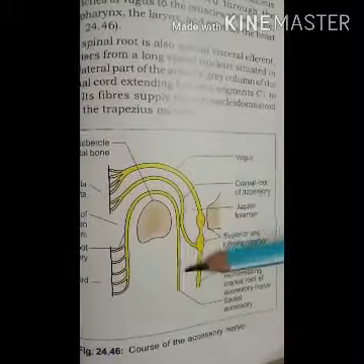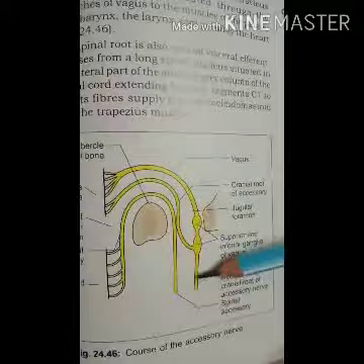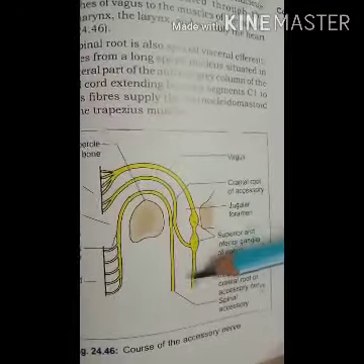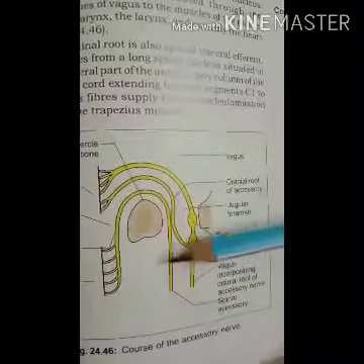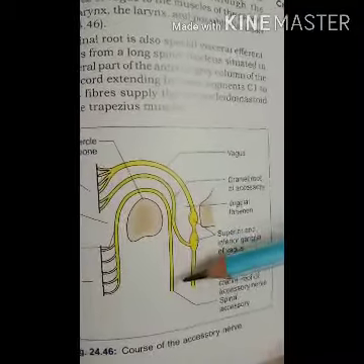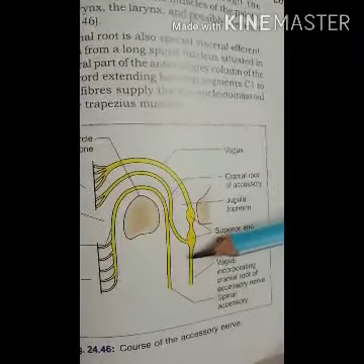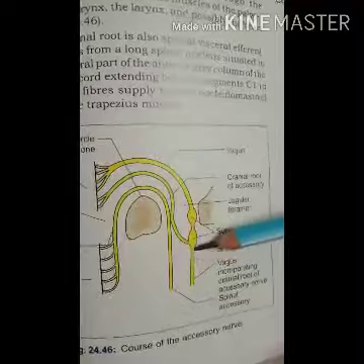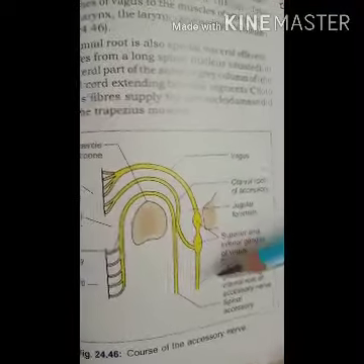Then this nerve enters the posterior triangle, parallel to the levator scapulae muscle. Then it leaves the posterior triangle by passing deep to the anterior border of the trapezius, and the spinal accessory nerve communicates with the C2, C3 and C4 spinal nerves.